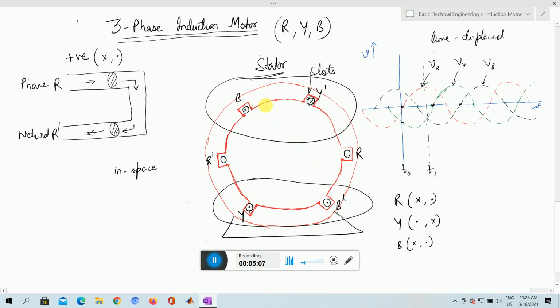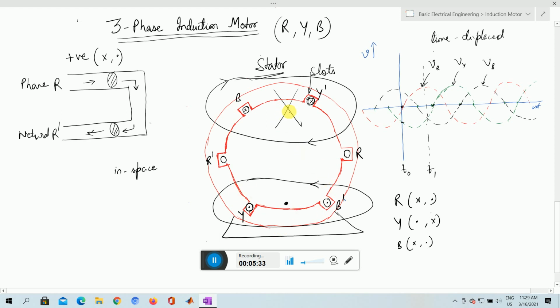On the top, when there is a cross, the lines of force will be clockwise. If there is a dot, it will be anti-clockwise.